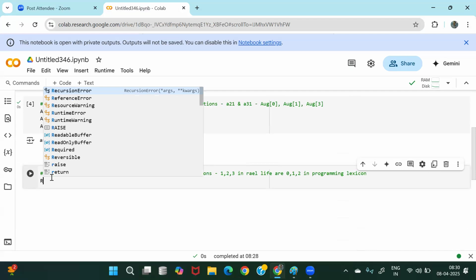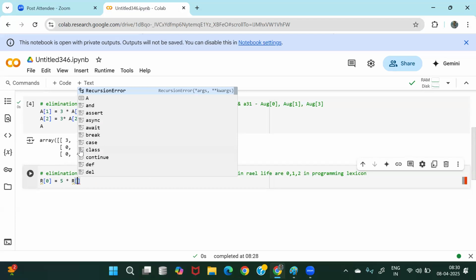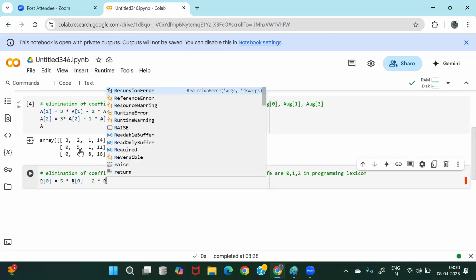Okay. So row 1 is the reference. Row 0 is equal to 5 into row 0 minus 2 into row 1.